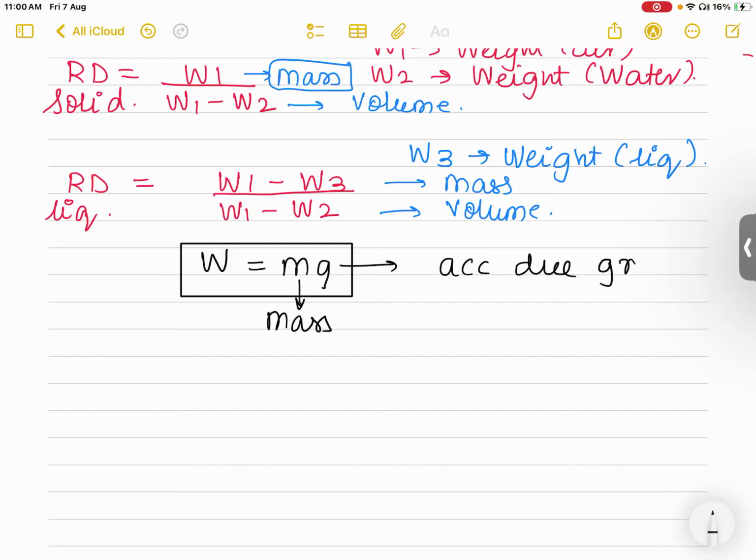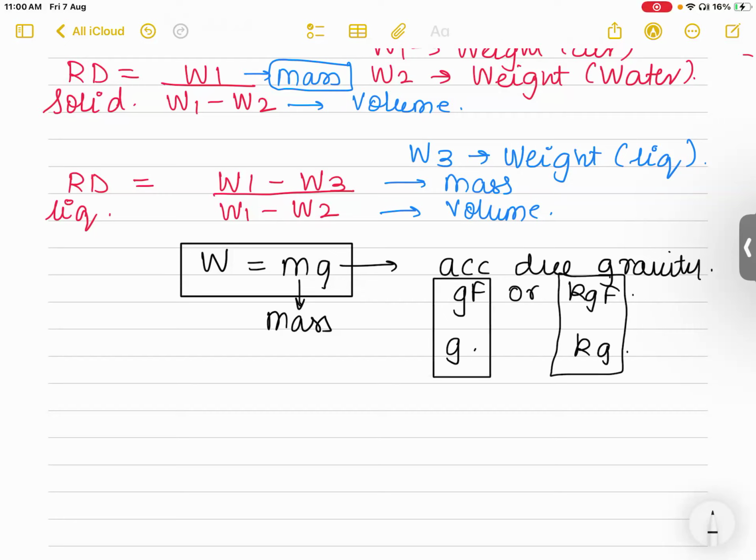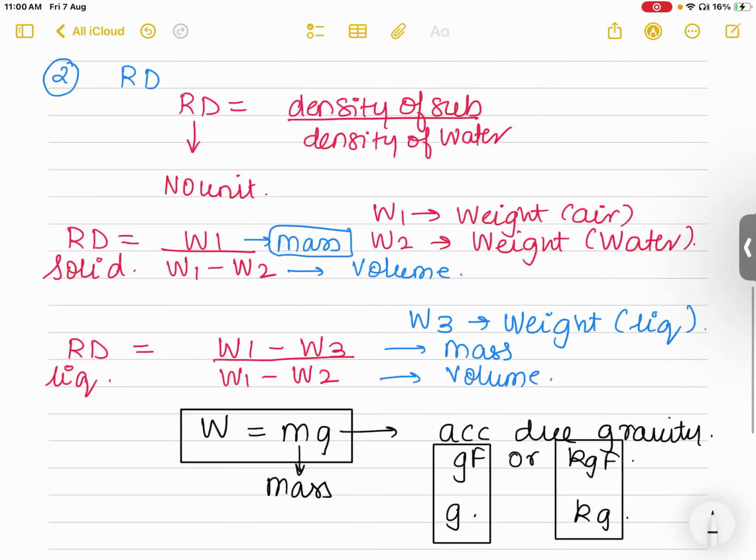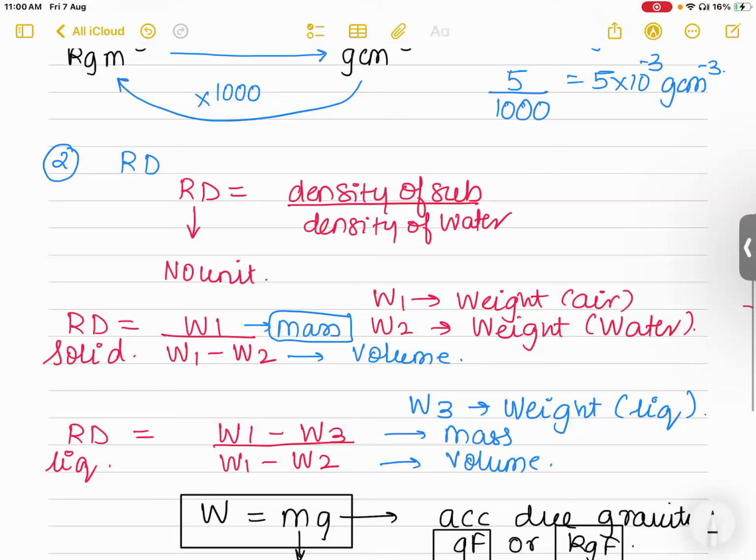Generally, many times they don't give us the value of g. So you will write your answer in gf or kgf: if mass is given in grams, you will write your answer in gf, and for kg, you will write your answer in kgf. Clear, students? Okay. So these are certain formulas which you will be taking care of for solving the sums in this part.